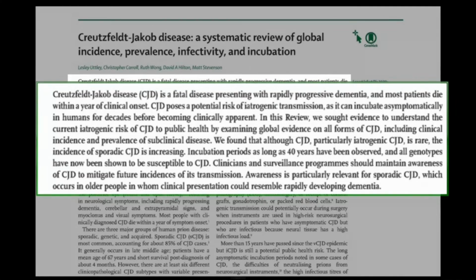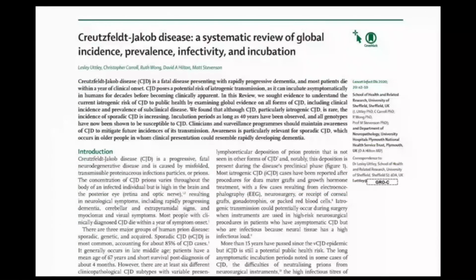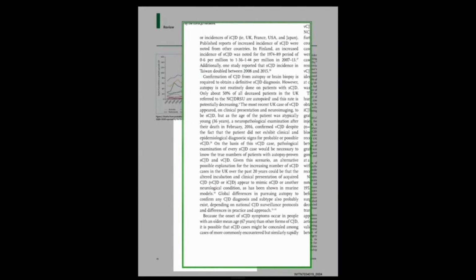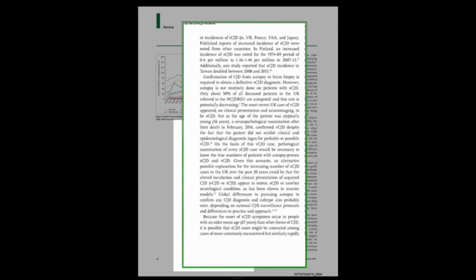And then if we could turn please to page 4. Along the left-hand column, that first full paragraph there: confirmation of CJD from autopsy or brain biopsy is required to obtain a definitive SCJD diagnosis. However, autopsy is not routinely done on patients with SCJD.